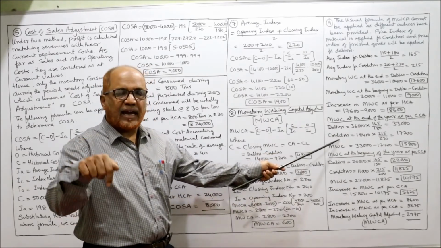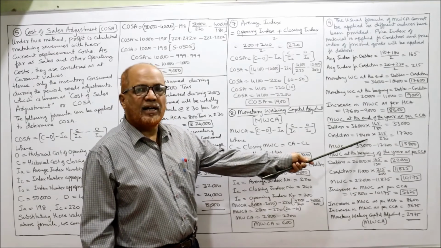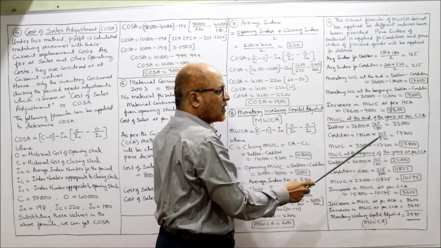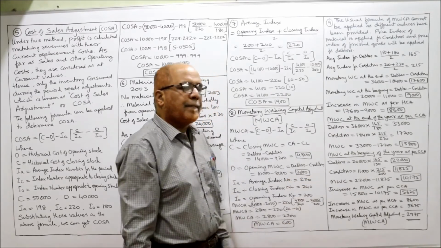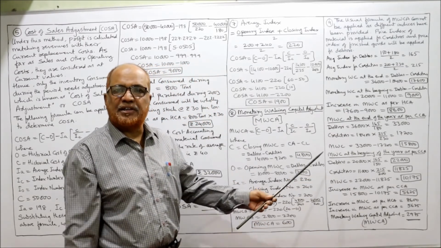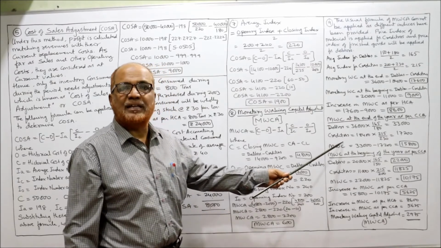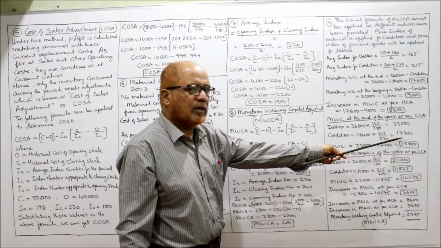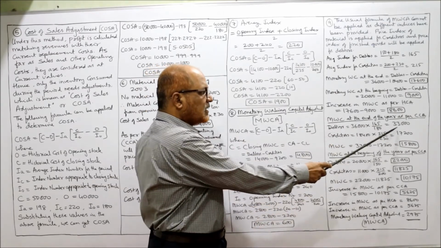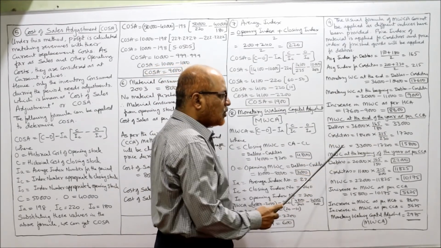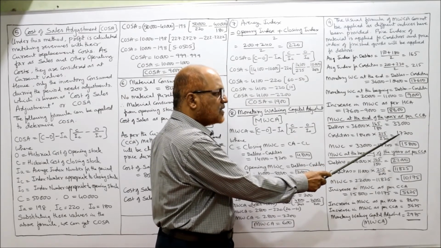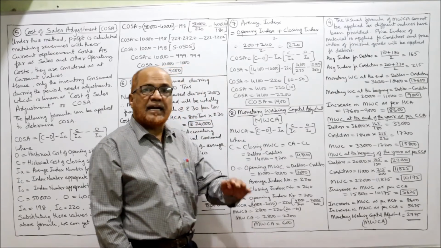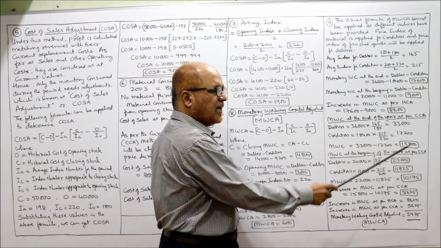Then creditors at the end of the year, 18,400 into average index for creditors, divided by closing index for material purchased, 230. So multiply, you'll get 17,200. So debtors 33,000, creditors 17,200. Monetary working capital, debtors minus creditors, 33,000 minus 17,200. So monetary working capital at the end of the year is 15,800.